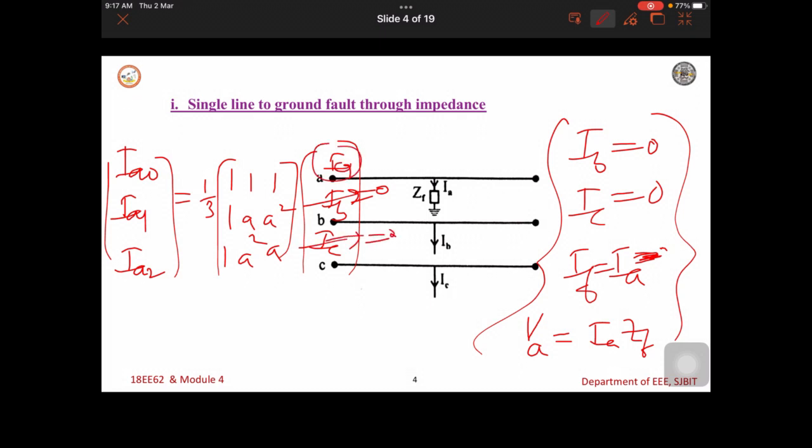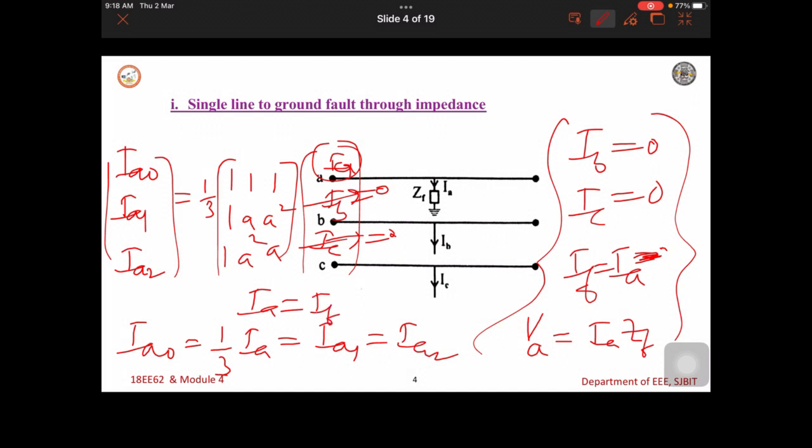So, we get IA0 as 1/3 of IA. Similarly, IA0 is equal to IA1 is equal to IA2. That means the currents are equal, and equal currents mean all the 3 sequence networks are connected in series. So, IA, the fault current, is 3 times IA0.